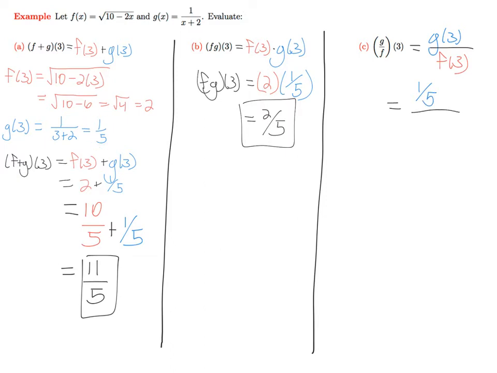We found f of 3 to be 2. So what we get is 1/5 divided by 2, and we can simplify this since when we divide by 2, it's the same thing as multiplying by 1/2. So in other words, I get 1/5 times 1/2, which gives us 1/10.